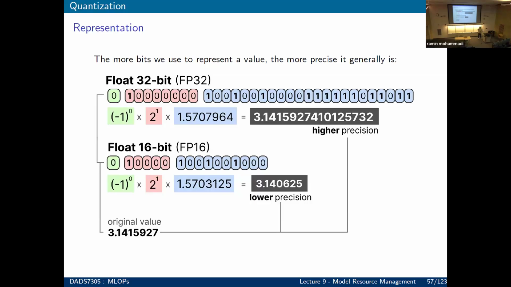So you see the number of mantissa bits drops, and also the number of exponent bits drops. So float 32 is a higher precision representation of the same value. This value, as the original value, in float 32 will be stored this way. In float 16 it will be stored this way.